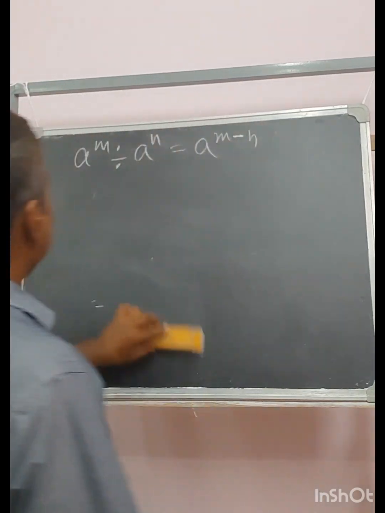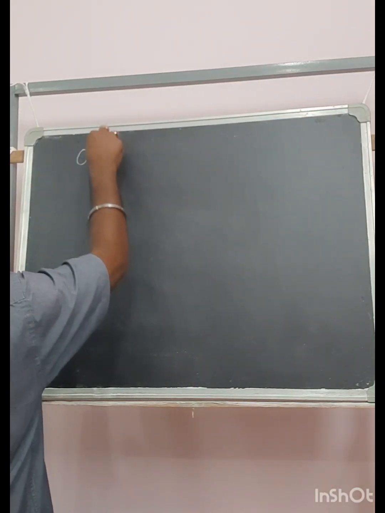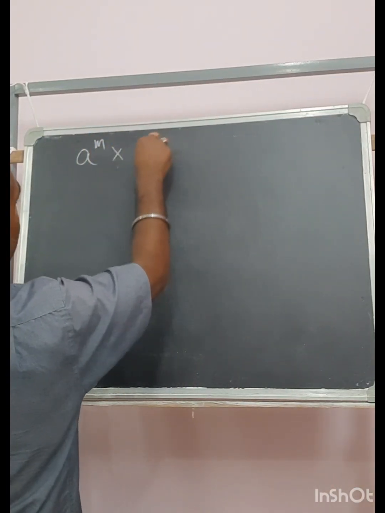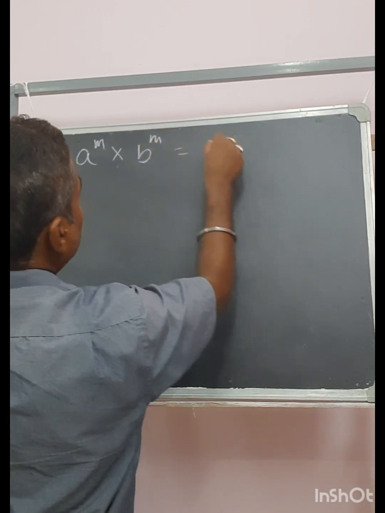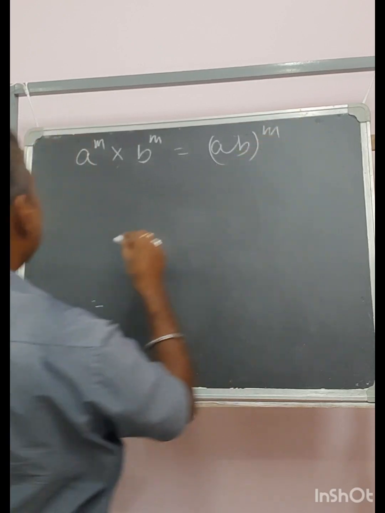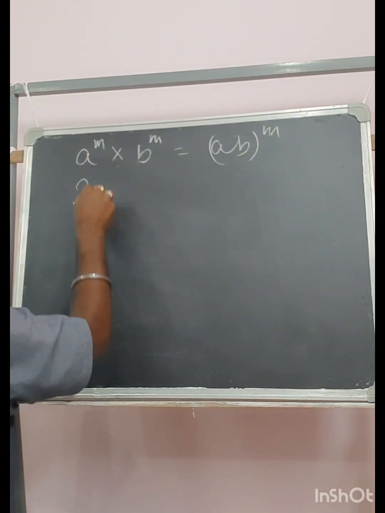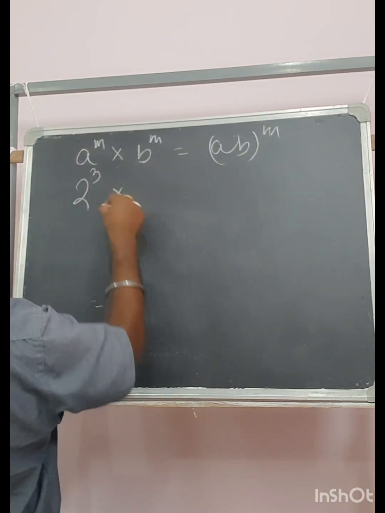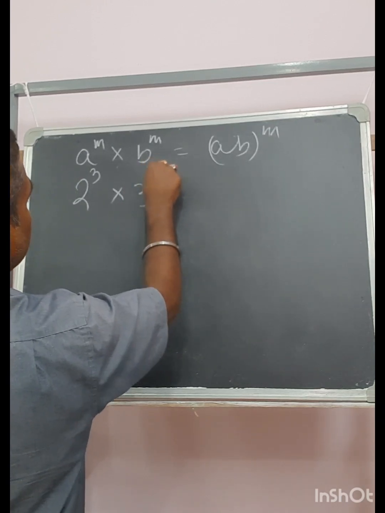Okay, now comes the next rule, where a to the power m into b to the power m is equal to ab whole to the power m. So I will take the example 2 to the power 3, let's say, into 3 to the power 3.